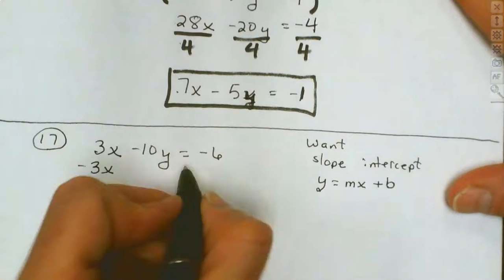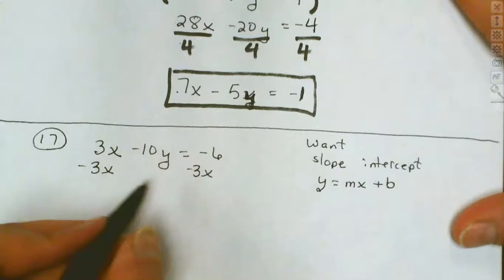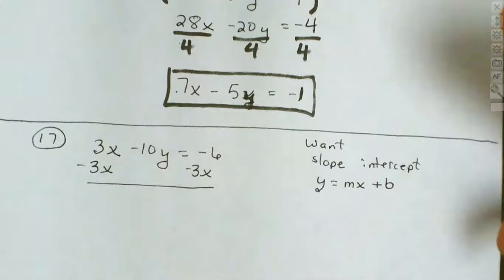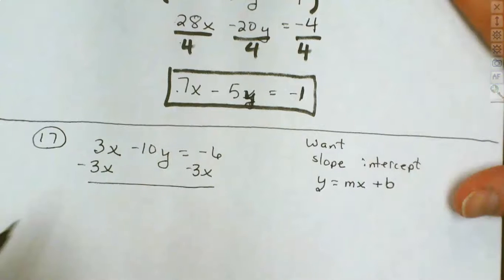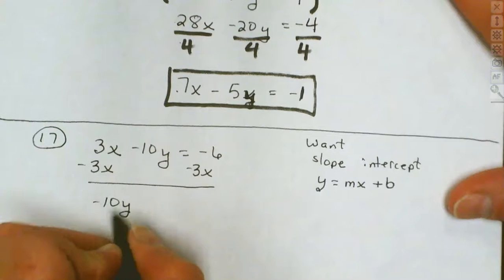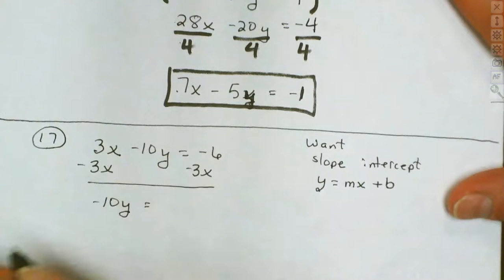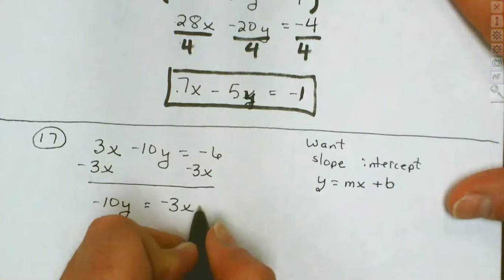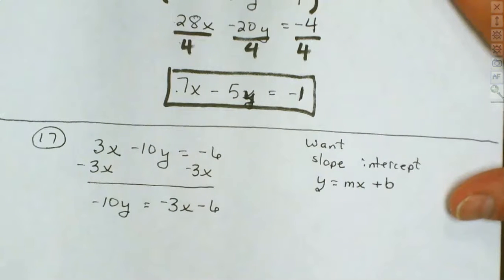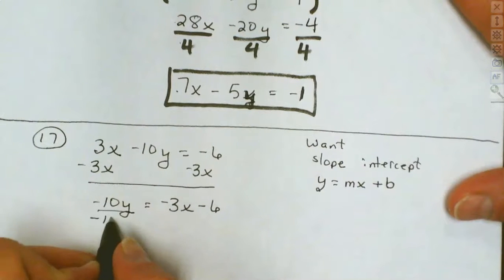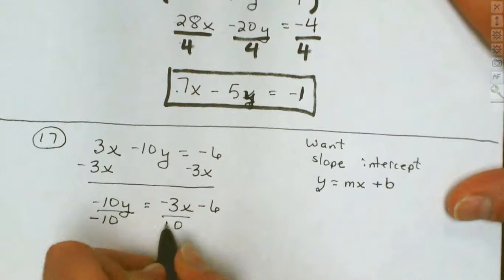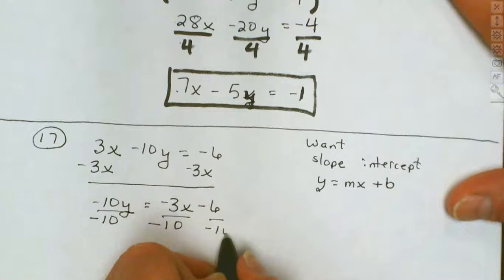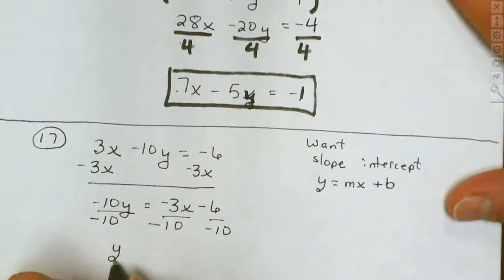So move that 3x over with subtraction. That gives you then a minus 10y equals a minus 3x minus 6. We'll divide by our negative 10.